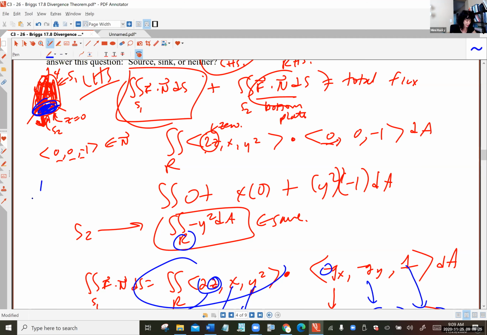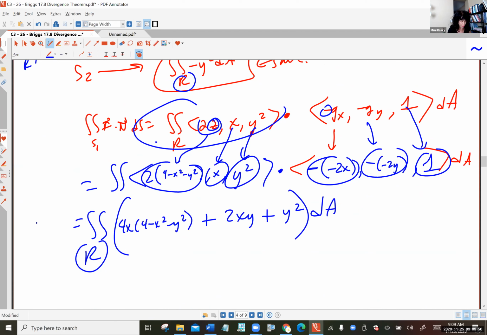So if we examine that region R for both surfaces, if you set z equal to 0 with your paraboloid equation and rearrange it, don't I get a circle centered at the origin? Yeah, radius 2. Fantastic. So that's the region for both.